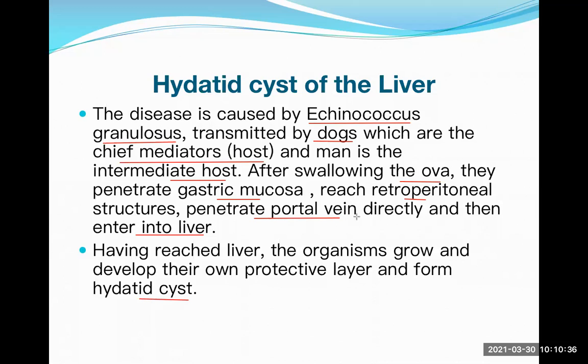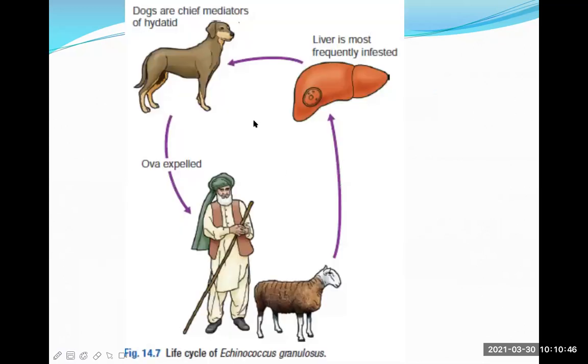Now, let me clarify this once again with the help of another picture. See here, all of you, please pay attention. This dog is the chief, or definitive host, of this Echinococcus granulosus. That's why it is also known as dog tapeworm. Liver is the main organ involved here.